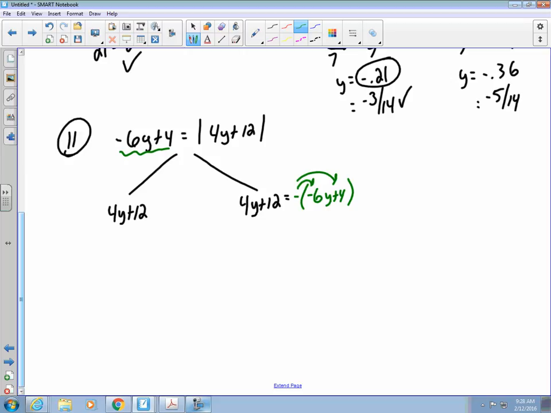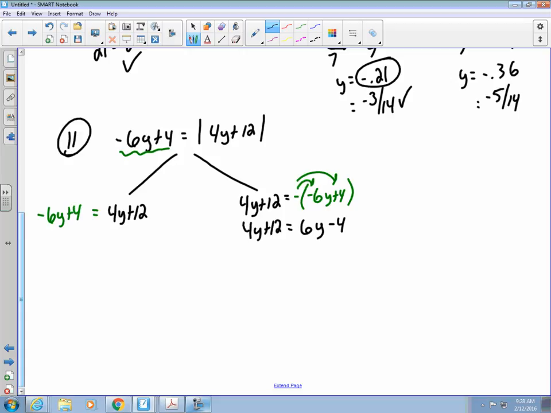And on this side, it would just remain the same. So there's your setting one of them equal to the positive and setting one of them equal to the negative. But a negative of an expression, this one here, changes the signs. So what was negative 6y now is positive, and what was positive 4 is now negative.